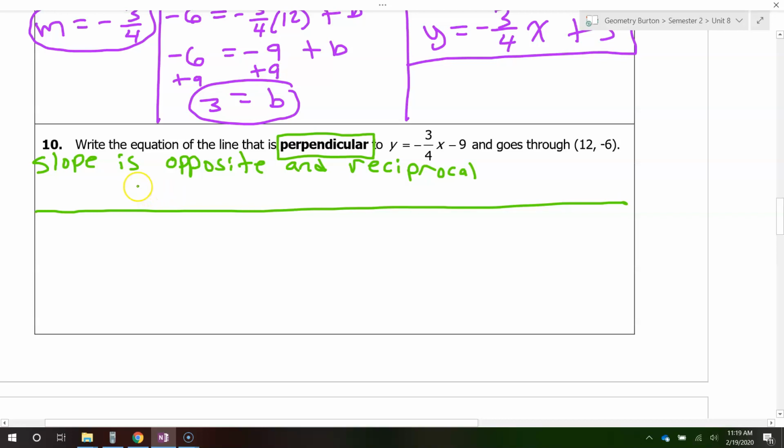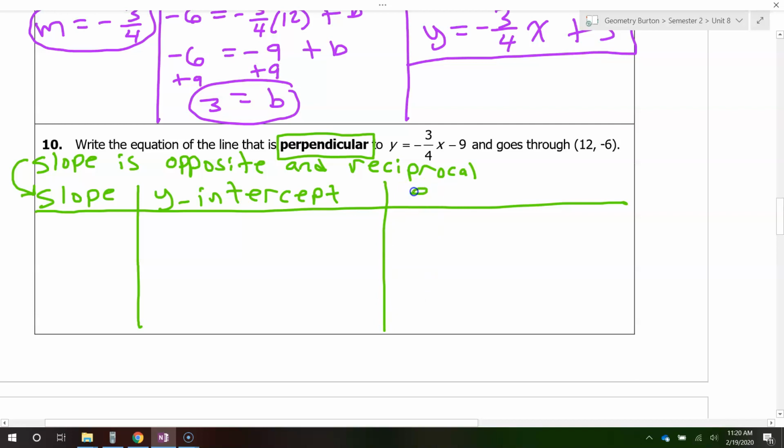Let me get my graphic organizer going. I'm going to need the slope right here, which is going to be opposite and reciprocal. And I will do my y-intercept. And then finally, I will write the equation.